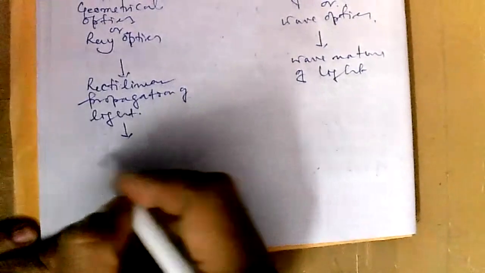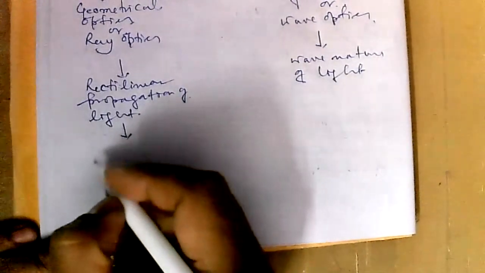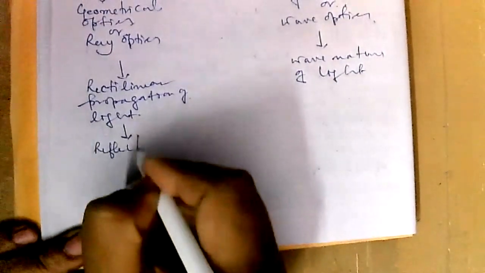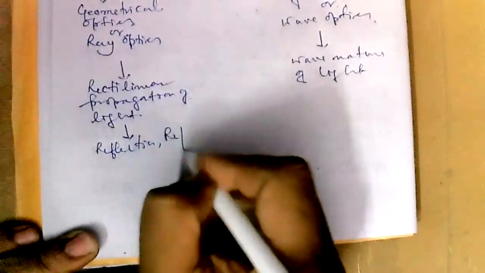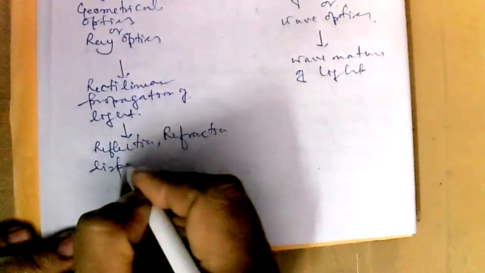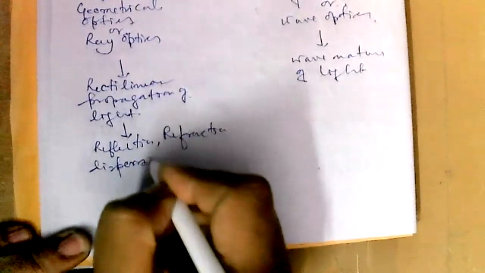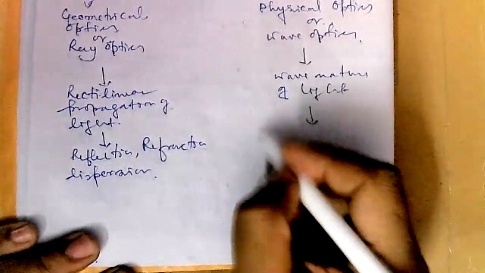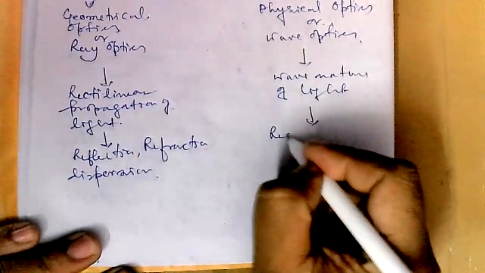We can explain reflection, refraction, dispersion with ray optics, but with wave optics we can explain everything.